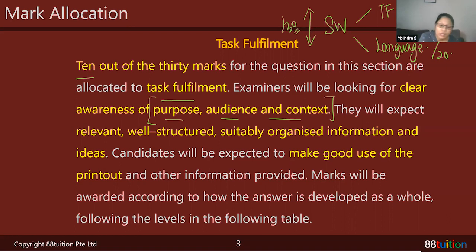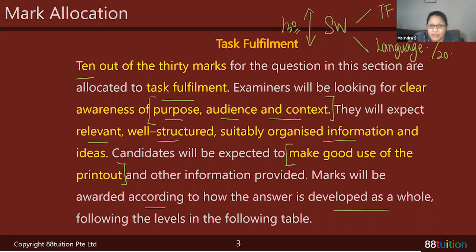Remember, we are looking at relevant, well-structured, suitably organized information and ideas that you will present in your essay. Remember to make good use of the printout, the visual, that we have given you, because it will include certain important elements that you may want to write in your essay. Marks will be awarded according to how the answer is developed as a whole.